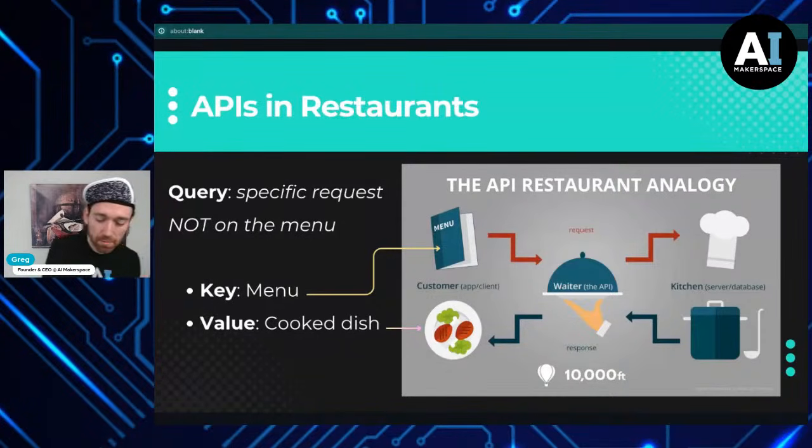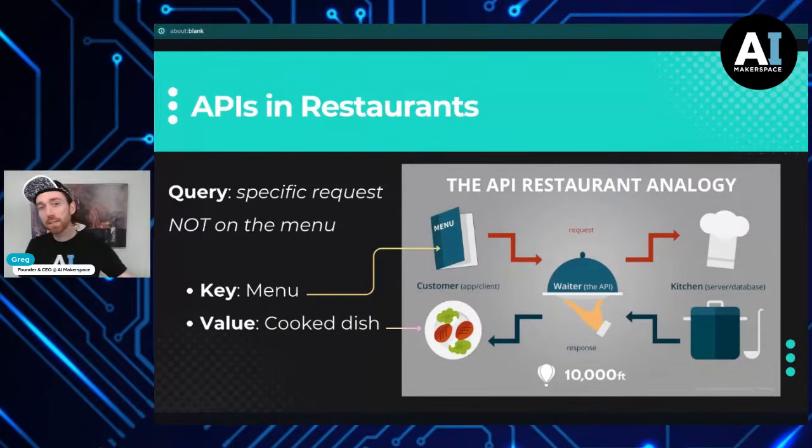So in this case, the customer has a query. The waiter is helping them pattern match that query to something that's on the menu. And then the real value is coming when we not only provide the request to the kitchen that makes the dish, but when we actually return the cooked dish to the customer, right?